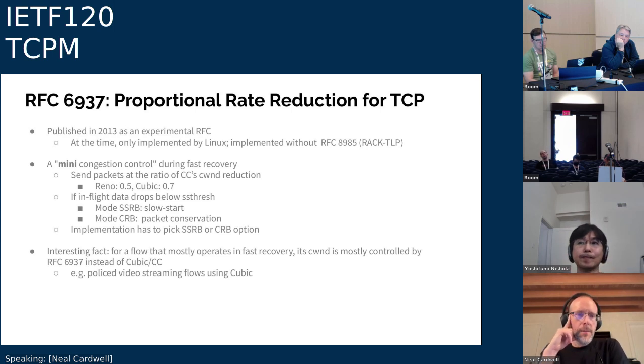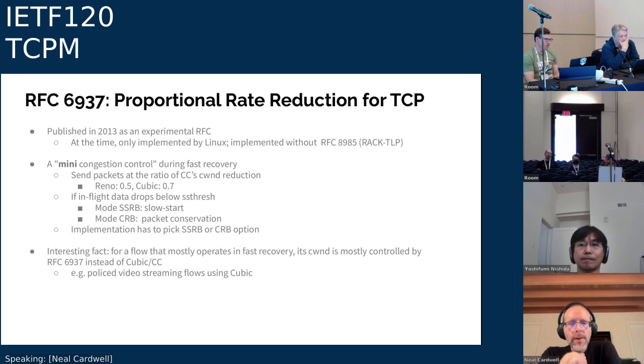And if the amount of in-flight data drops below the ssthresh, then there are two different modes of behavior you could use back in that spec. One is a slow start style behavior, and one is a packet conservation behavior. And in the original RFC, the implementation needed to pick which option it used.